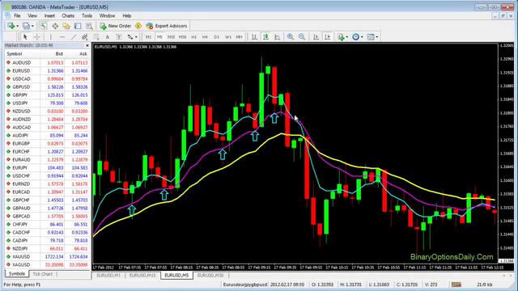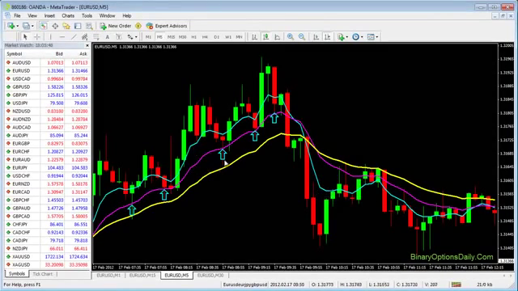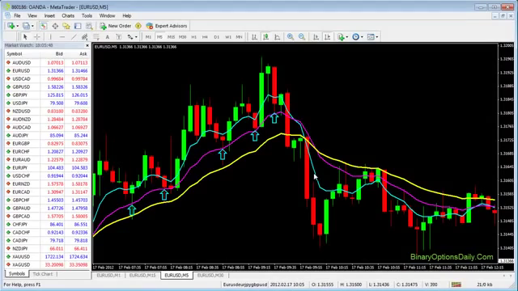So as soon as the 6 goes under the 14 and we're moving under the 26 moving average, what we'd be looking for is basically the exact same thing that's happening with the uptrend, except we're looking to do puts. So instead of the 6-period moving average being on top, we're actually seeing the 14-period moving average being on top.